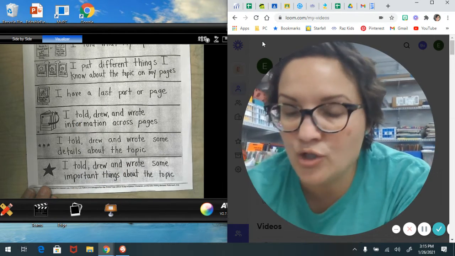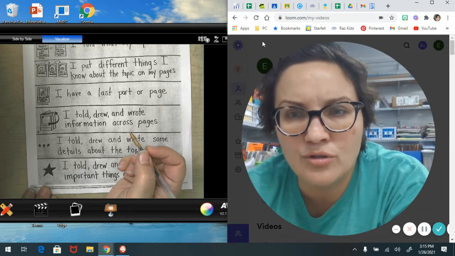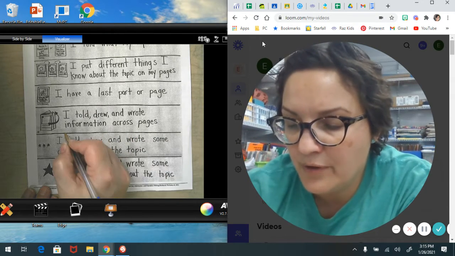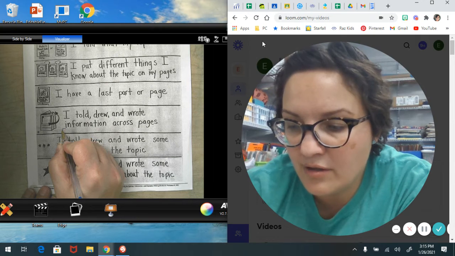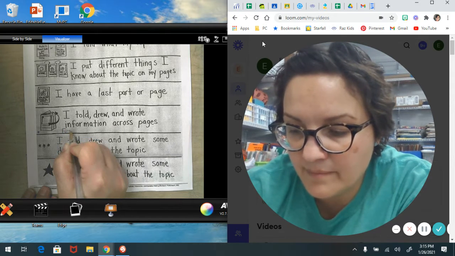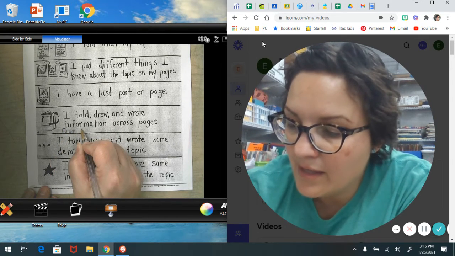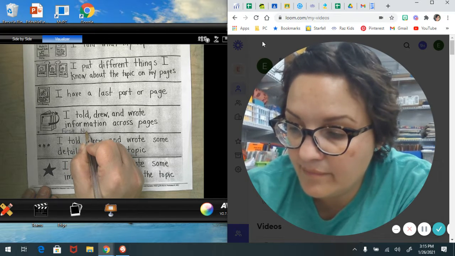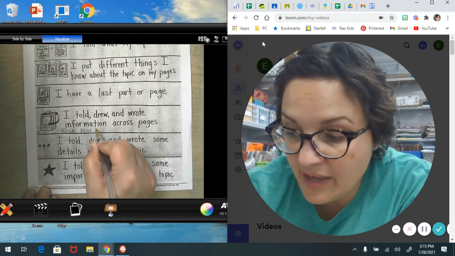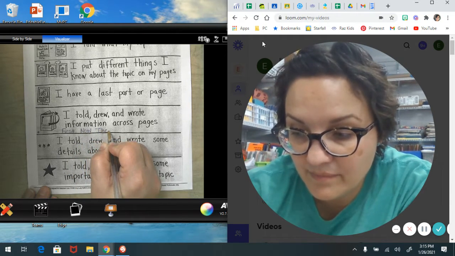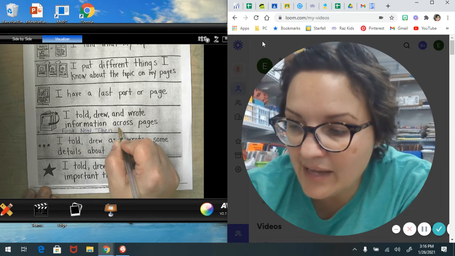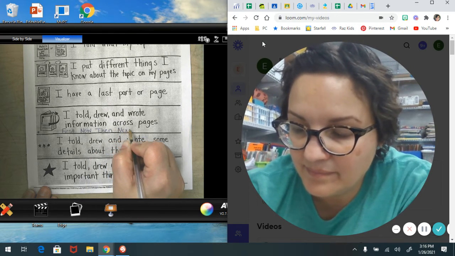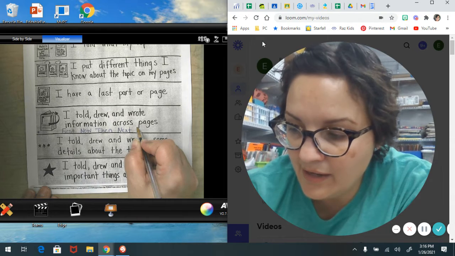And I want to make sure I'm using these words that I call transitional words, where we use first, now, then, next, finally.